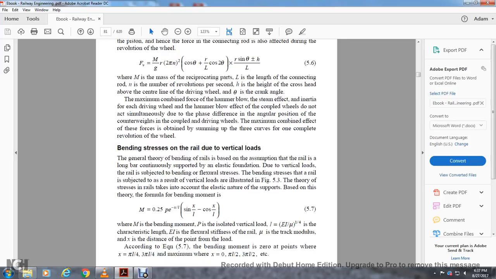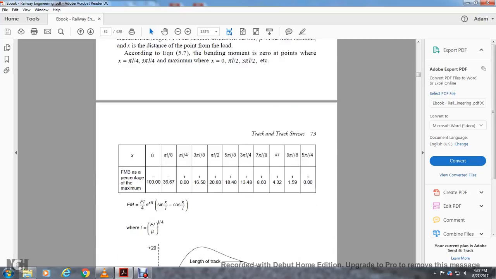According to the equation, the bending moment is zero where x equals pi over 4 times L, or 3 pi over 4 times L, and maximum at x over L equal to 0, pi over 2, 3 pi over 2, etc.